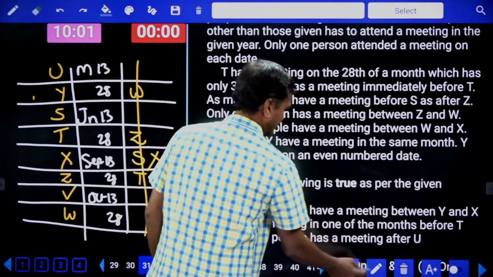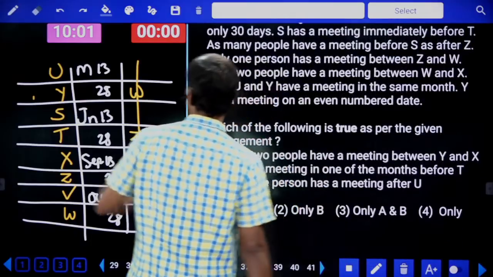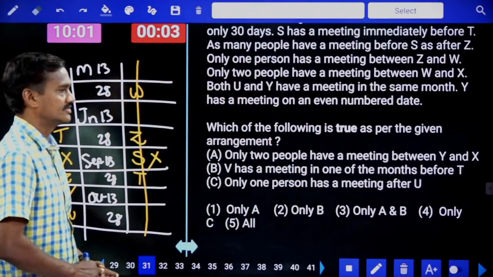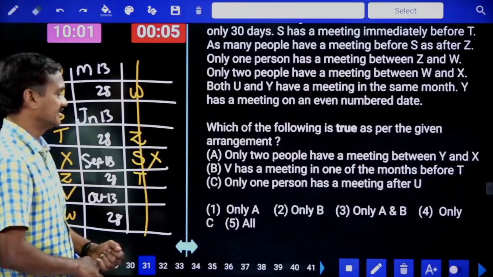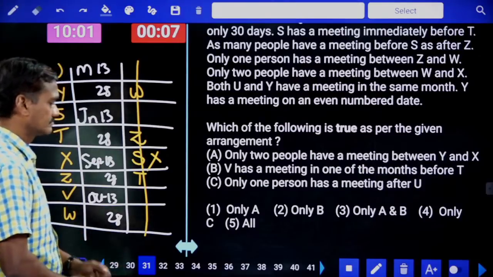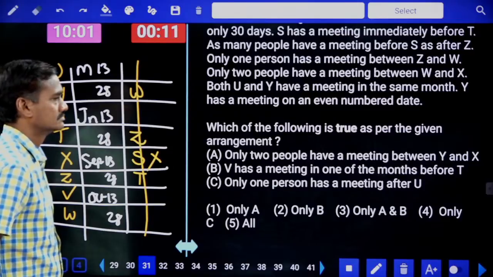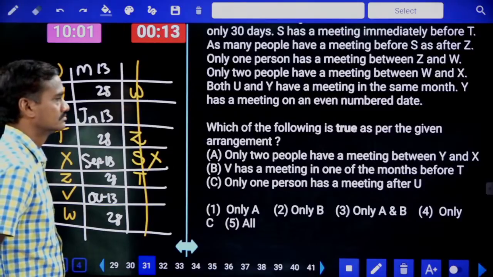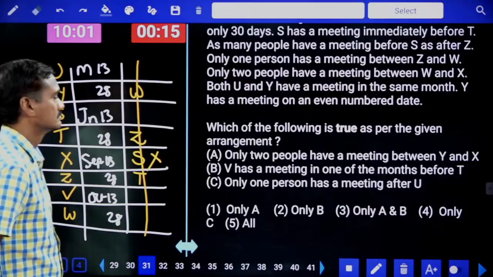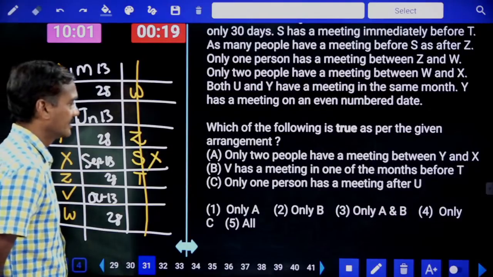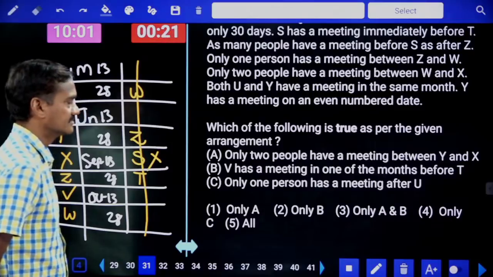Then 31st, this question number 31. Which of the following is true as per the given arrangement?